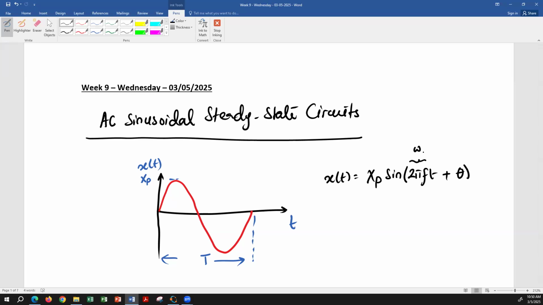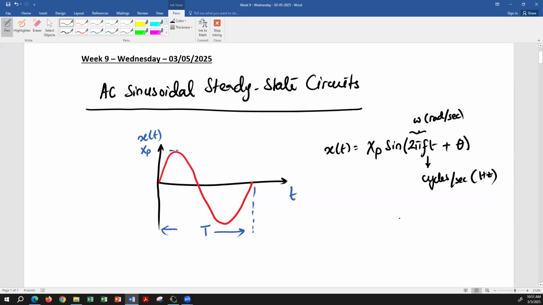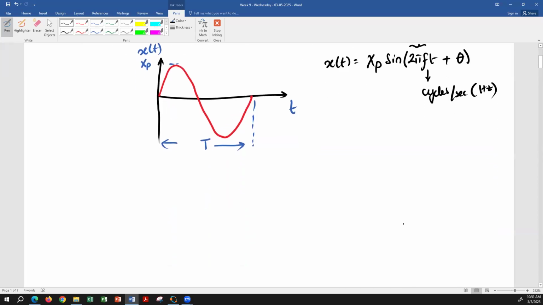That is, if you're rotating around an axis, how many radians you're covering per second is given by omega, and how many cycles you're covering in 1 second is given by f, which is cycles per second, which is also hertz. And of course, omega is equal to 2 pi f, so f is equal to omega over 2 pi. As I said, everyone should be familiar with this.